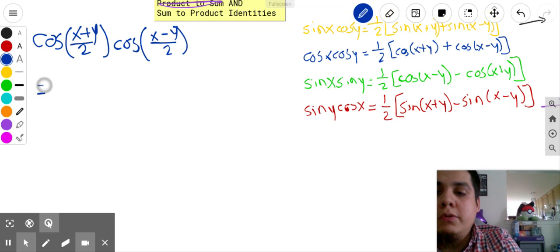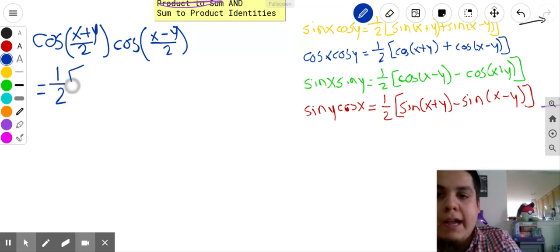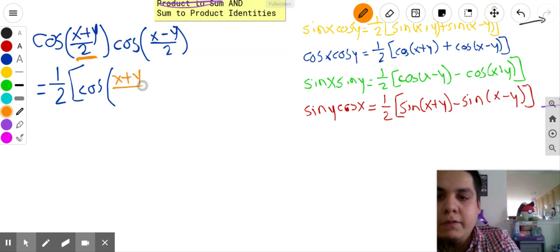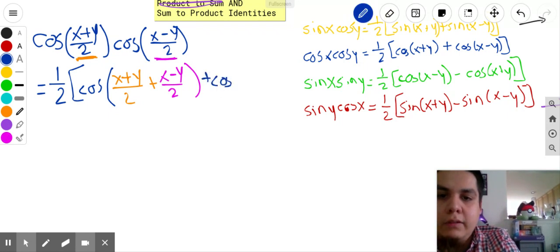So it's going to equal 1/2 bracket cosine of the first angle, so x plus y divided by 2, plus the second angle, which is this one, x minus y divided by 2, plus cosine of the first angle minus the second angle.